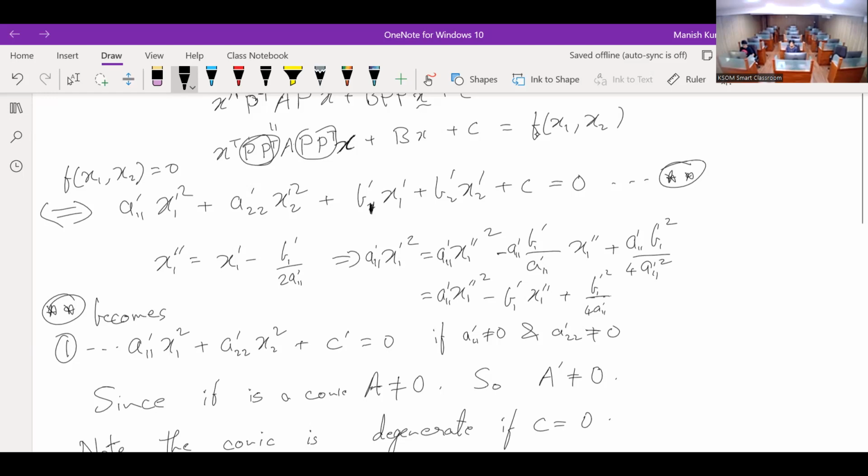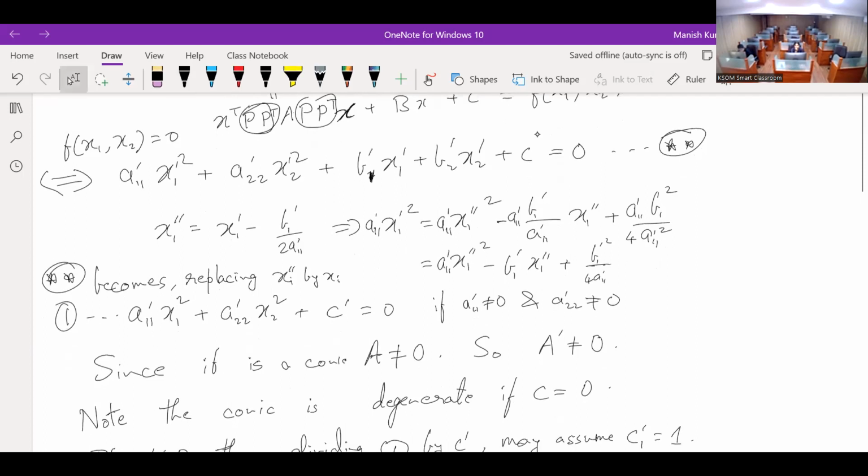Replacing xi double prime by xi, it becomes a11 prime times x1 squared plus a22 prime times x2 squared plus c prime equals 0.